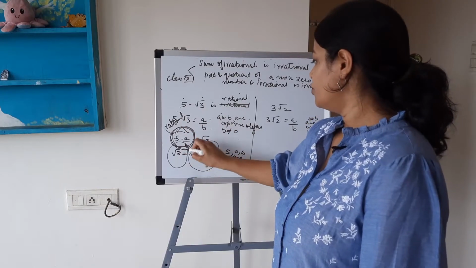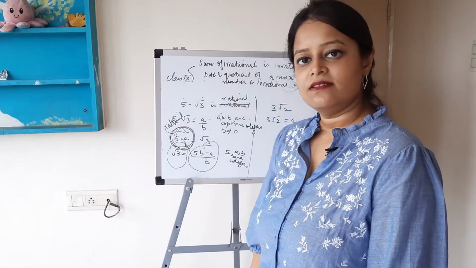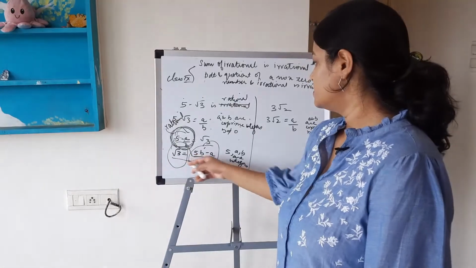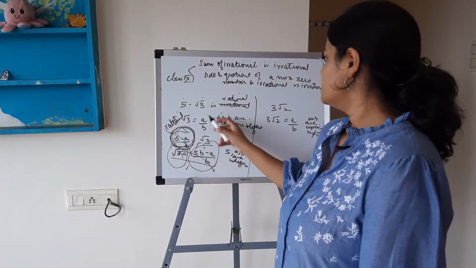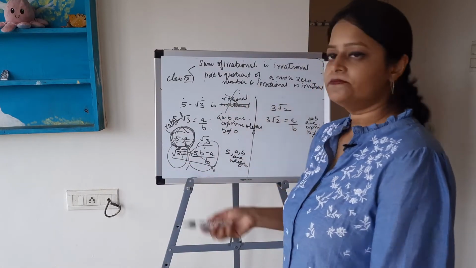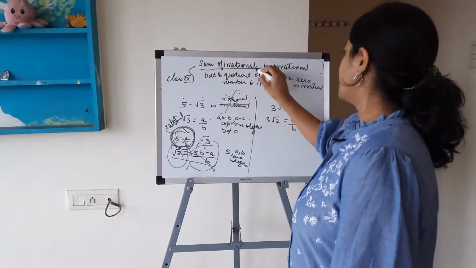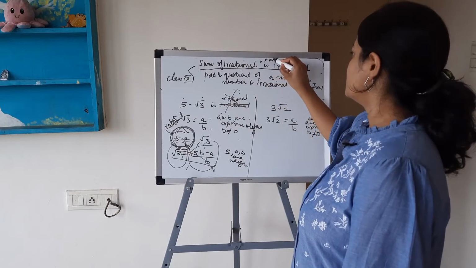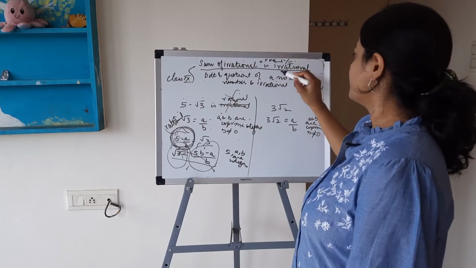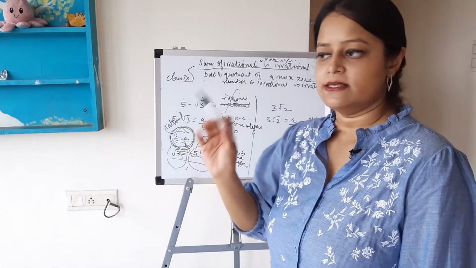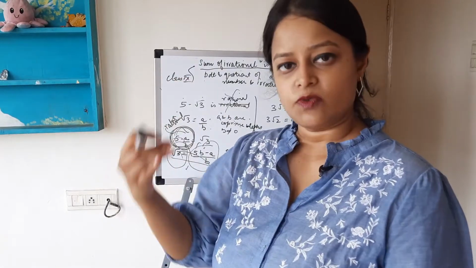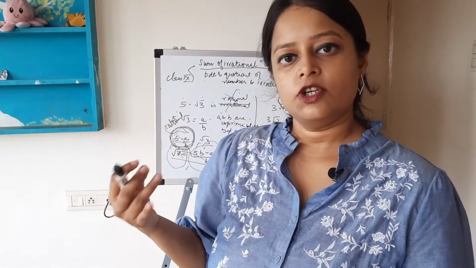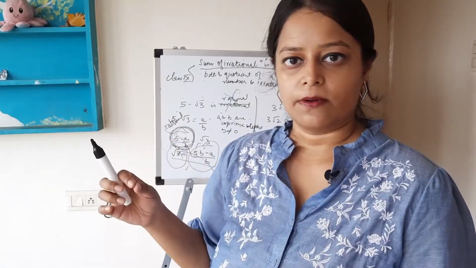But we already know for a fact that root 3 is not rational. So that means this is wrong. That means the first assumption is wrong. That means this sum of a rational and an irrational number is irrational. Basically, if an irrational number is present and you add something rational to it, the result is also irrational.